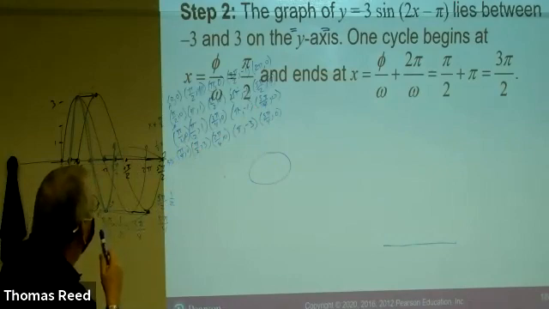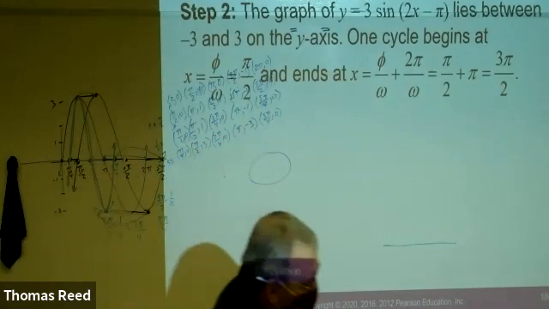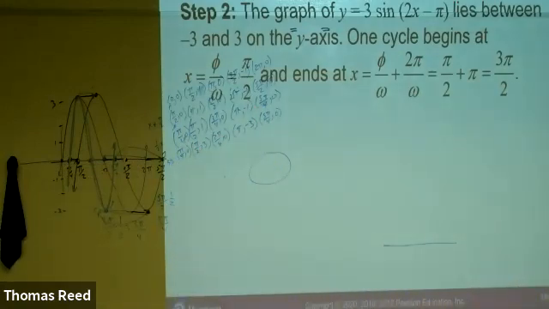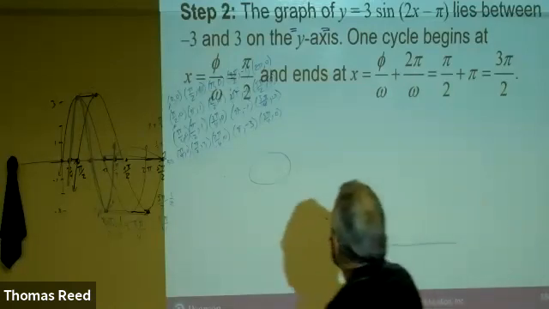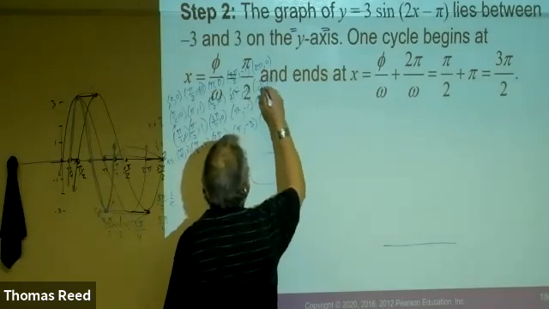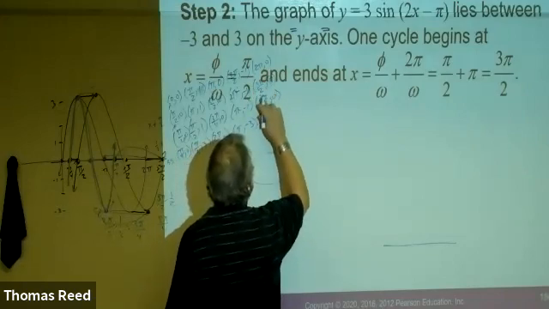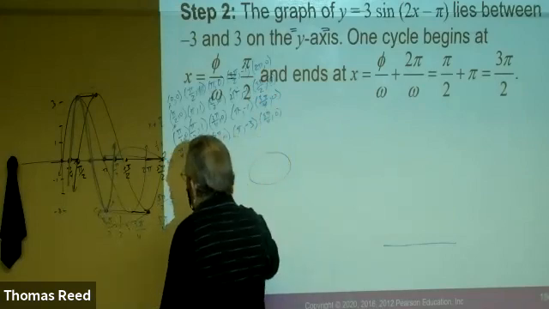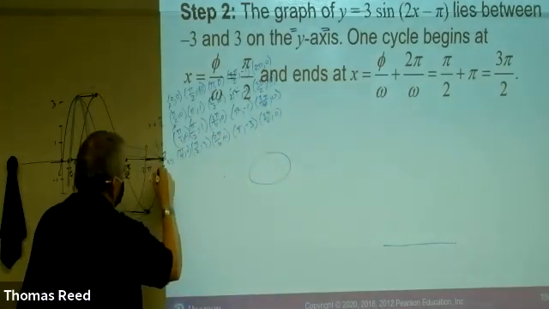No, I don't see that. Oh, I see the problem here, because that should have been 5 pi over 2. That should have been 3 pi over 2. So that would have been 3. So I had it right on the graph, I just had the wrong number.